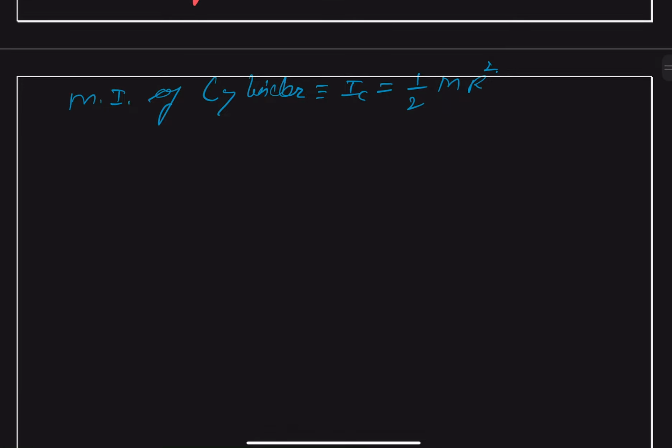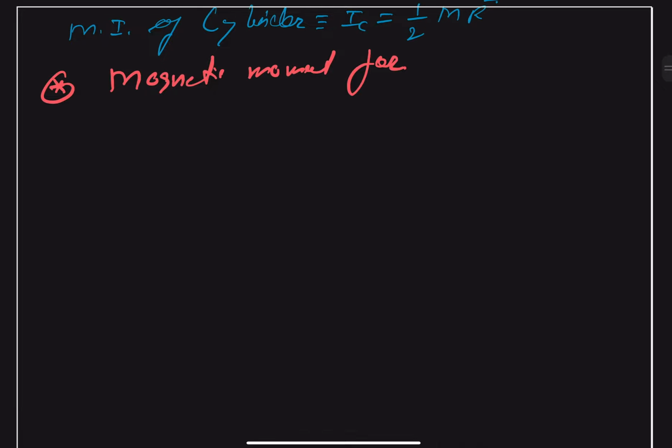And magnetic moments are already given to us, that is 2m and m. So magnetic moment for hoop, that is our mh, is twice m, and for cylinder let us call that mc, and that is equal to m.